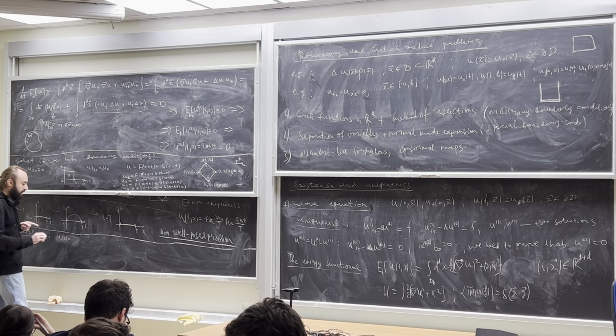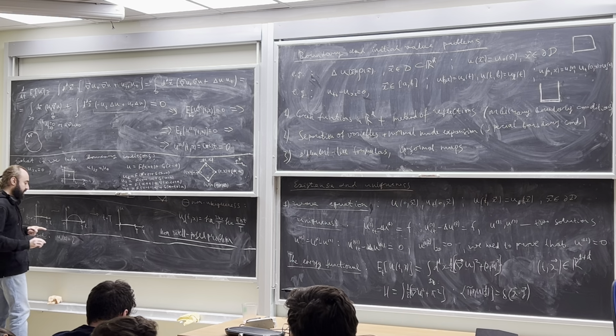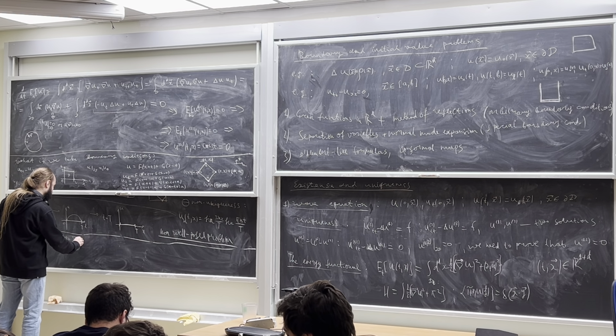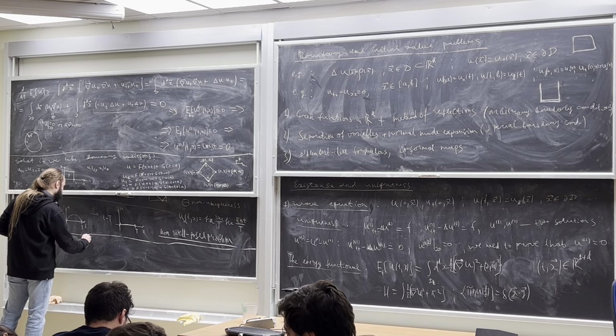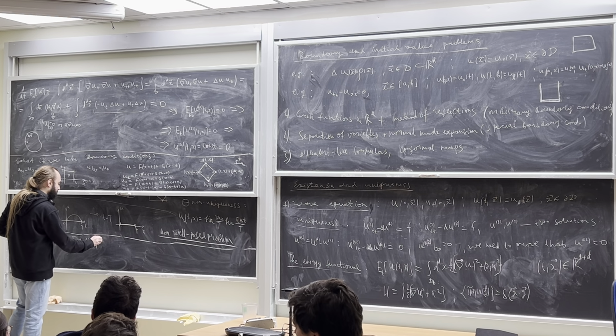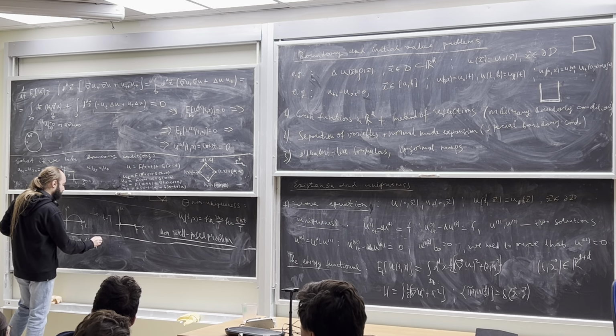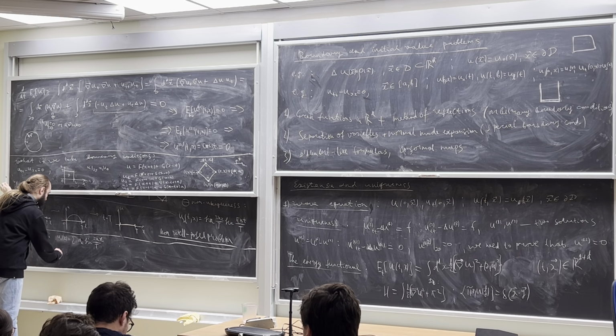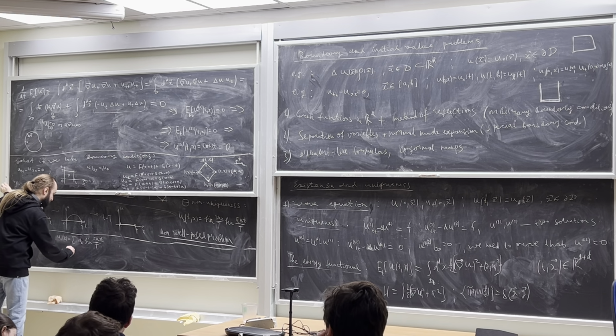So u0 of x can be expanded as a sum of a n sine of pi n x over L, and u1 of x is a sum of b n sine of pi n x over L.